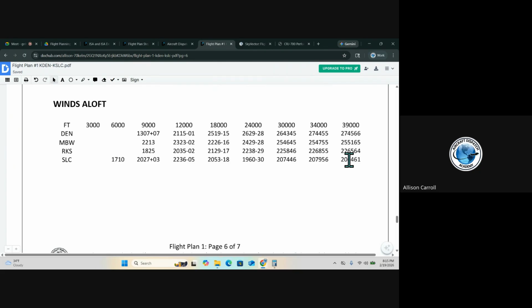All right. So this 39,000 column, what we do for the flight plans that we have for you, we give you these weather centers along your route. We don't give you any surprises.